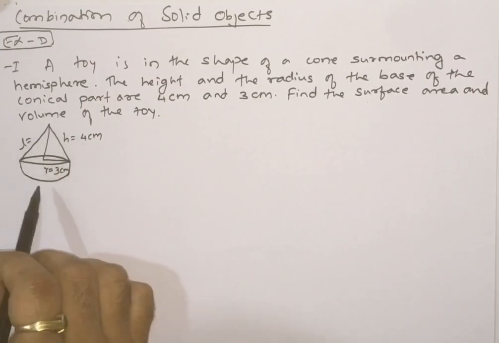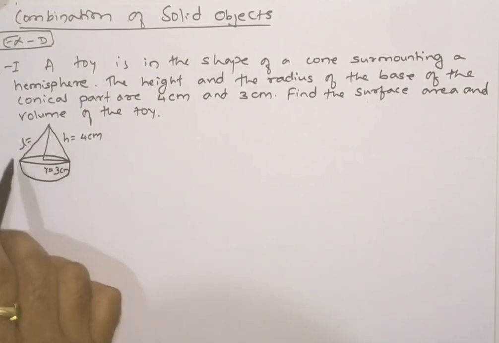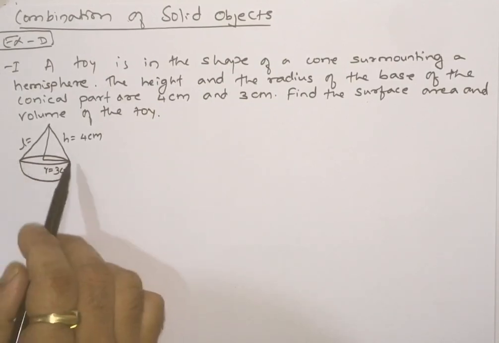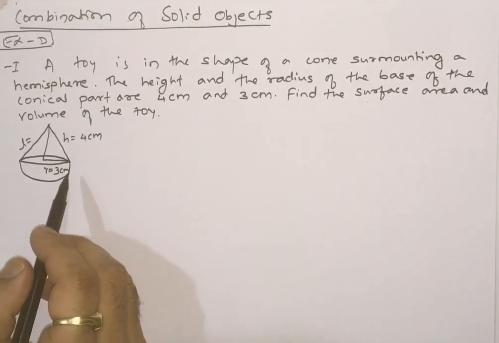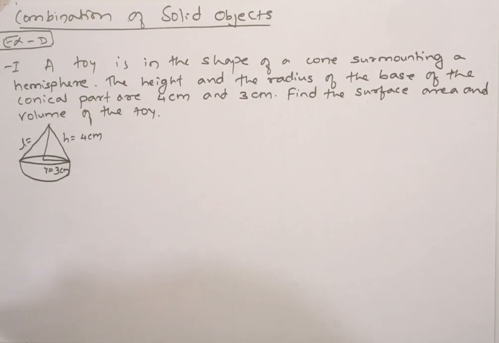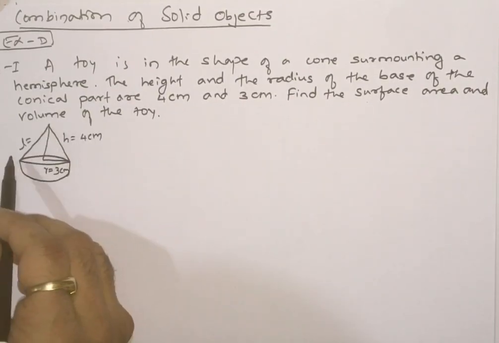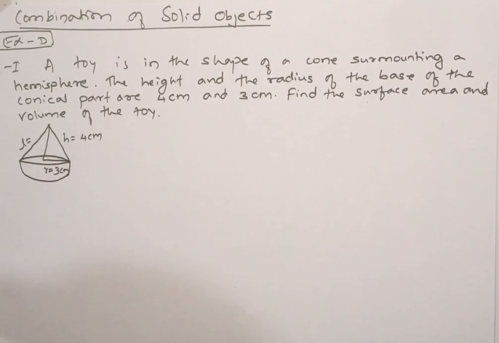Surface area of this toy is the lateral surface area of cone plus the lateral surface area of hemisphere. To find the lateral surface area of cone, we should know the slant height. So first we will calculate the slant height.